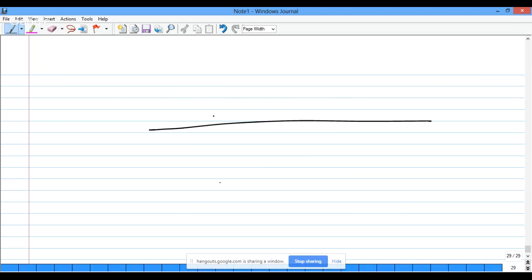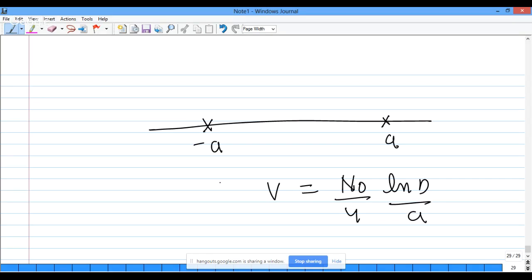So let me draw that and try to understand this a little bit more. So we have said V is N0 by 4 ln eta by A. Let me assume that this signal has the higher probability. So let me draw the perpendicular bisector as well. So this is the perpendicular bisector.